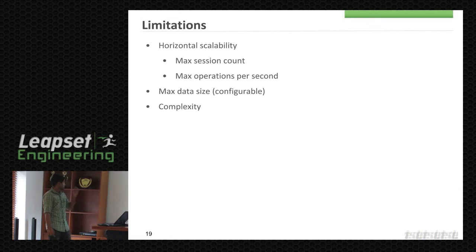There are also limitations like the maximum sessions that can be connected and maximum operations per second. And there is a max data size limitation for a single call. The default value is 1 megabyte. That is configurable, but that's the optimal size they recommend.